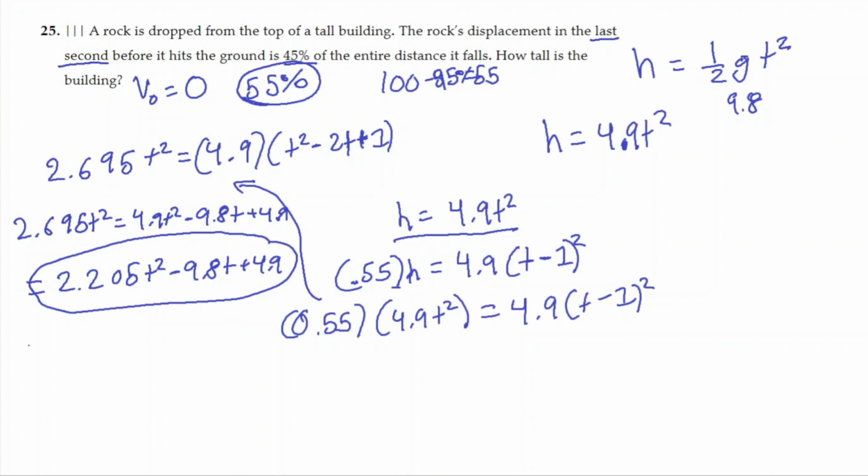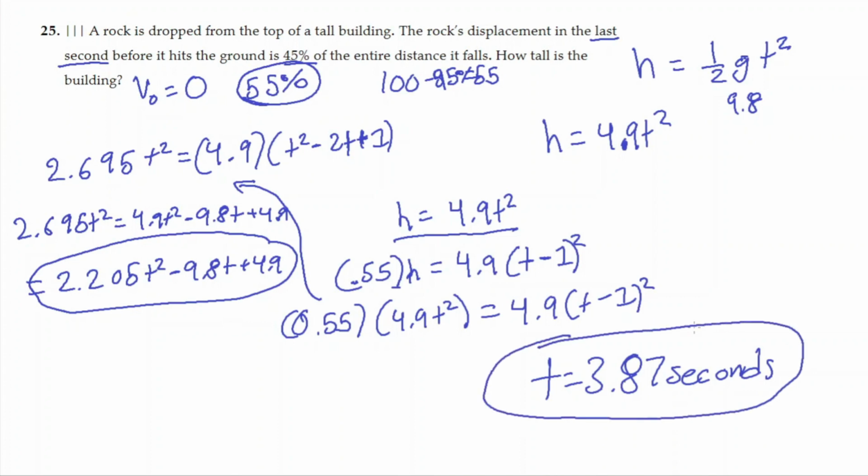We can't exactly factor it the conventional way, but we can use the quadratic formula. Now I'm going to cut a lot of time here and just give you the answer for t. We get that t is equal to 3.87 seconds. So with this t, we know that the rock takes 3.87 seconds to fall down the whole building.